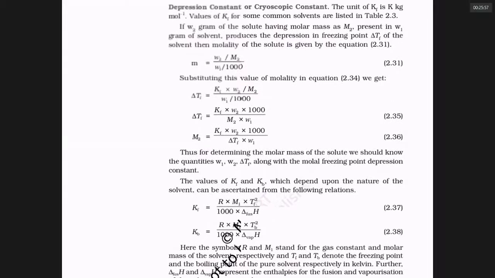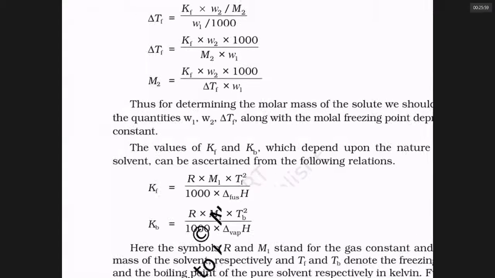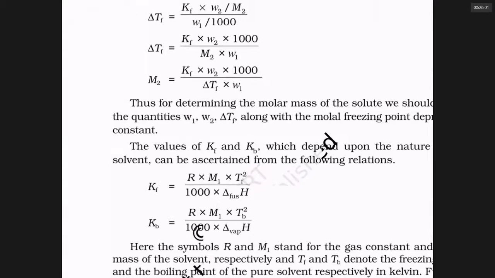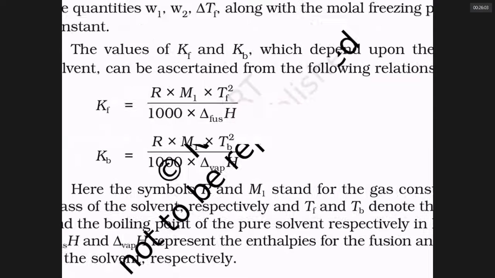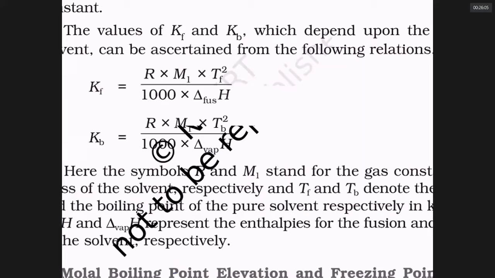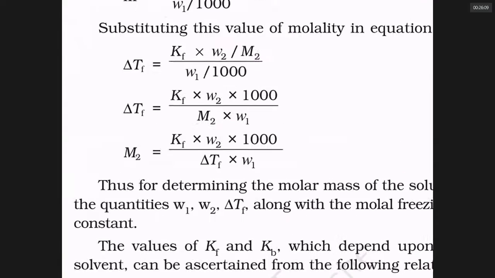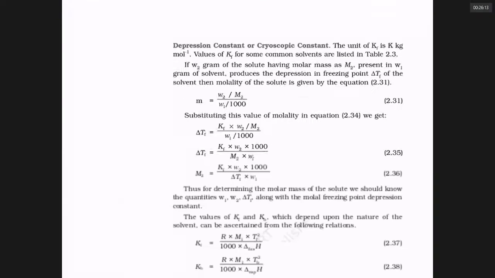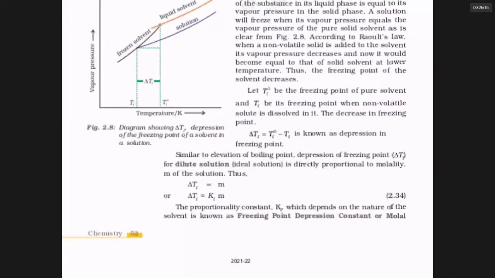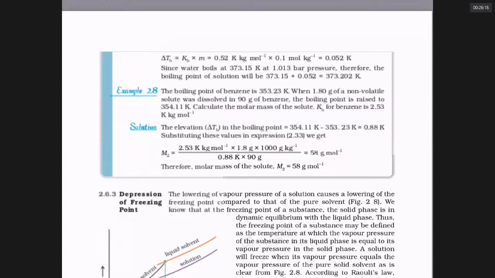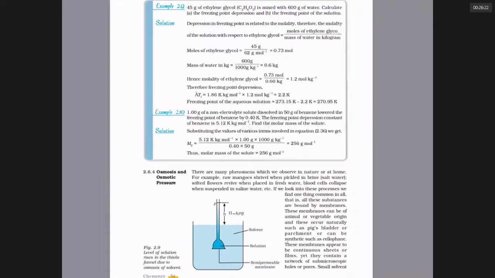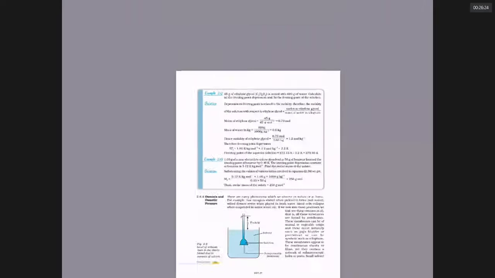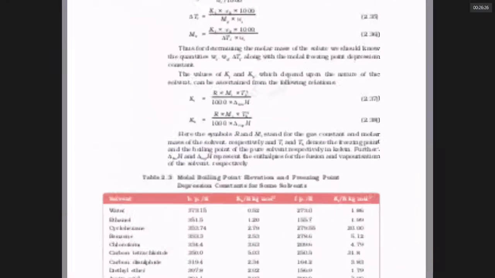In fact, I want you to notice what Kb is. Kb is related to latent heat of vaporization. The NCERT book has not specified the value of Kb, but I must specify the value of Kb.